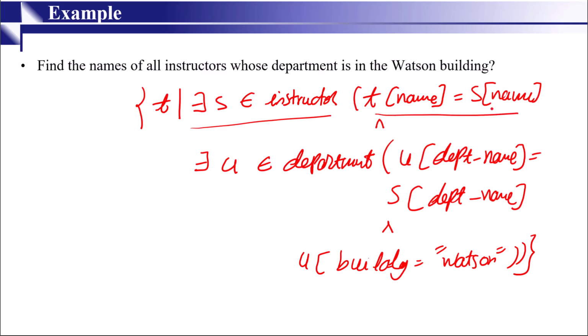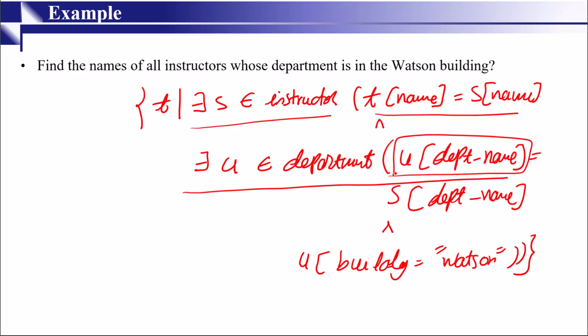Then we have T.name is equal to S.name. This ensures the output tuple T contains the name of instructor S. Then we say there exists U in department. There exists a tuple U in the department relation, and this checks the department table for the additional condition that we have here. What is the condition?